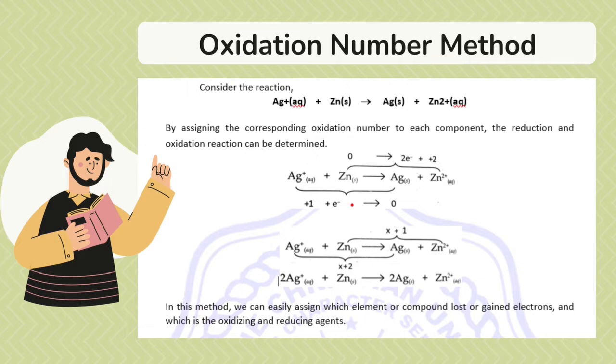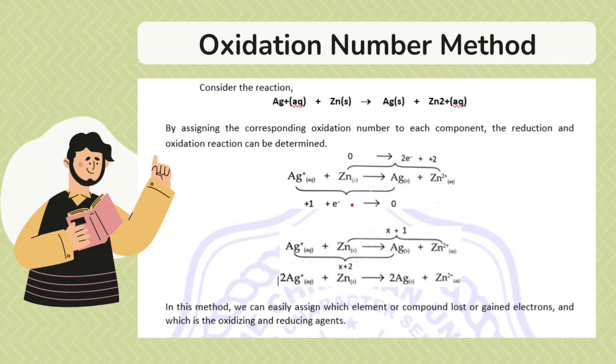As you can see here, we have Ag+ and Ag. Their oxidation numbers are: Ag+ is positive 1, while Ag, since it's an element by itself, has an oxidation number equal to 0.